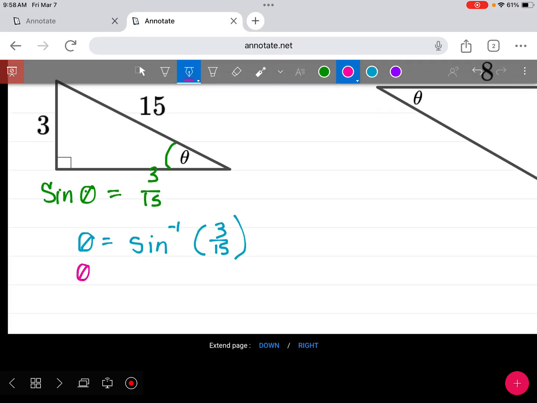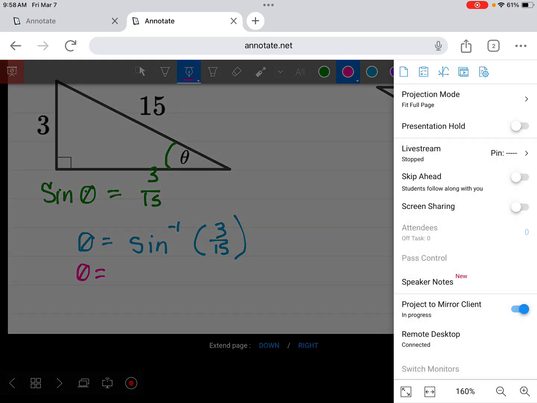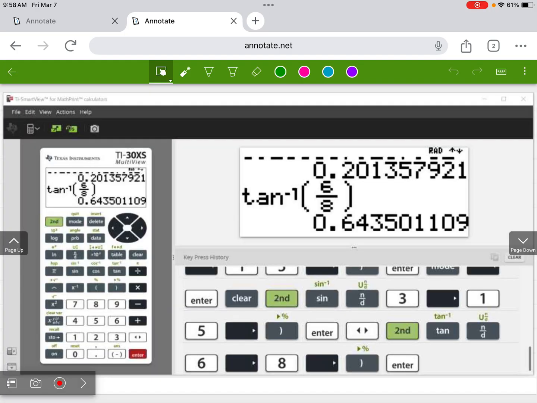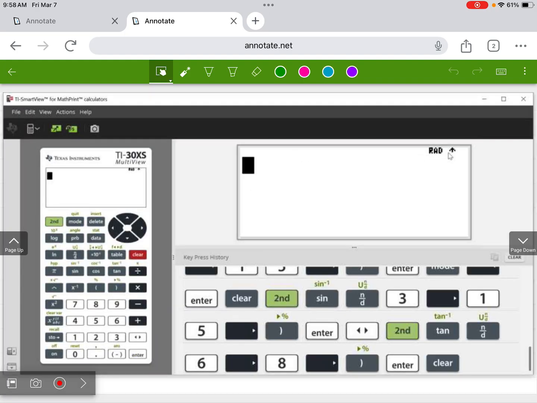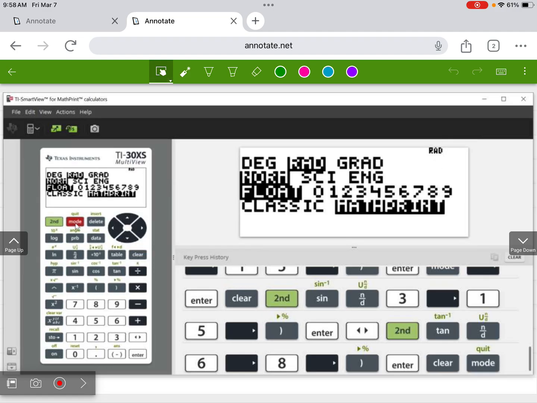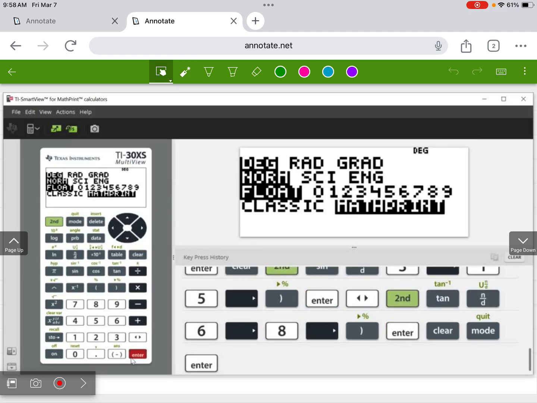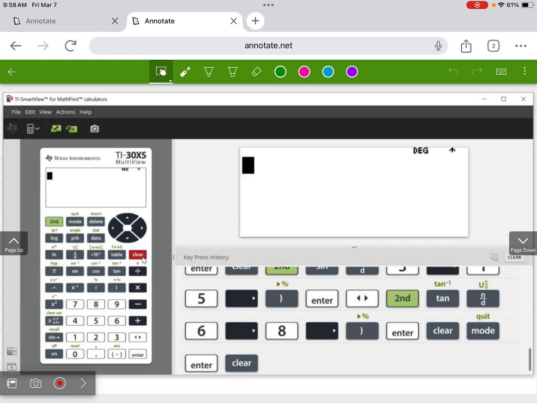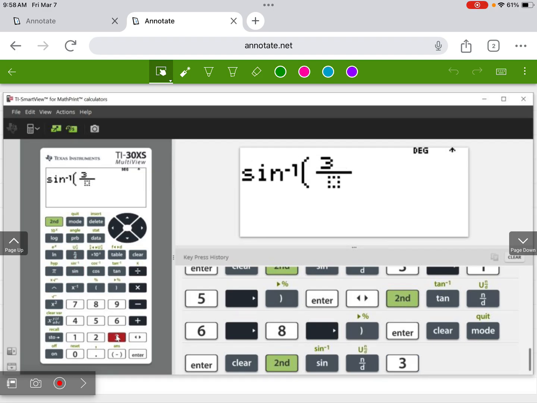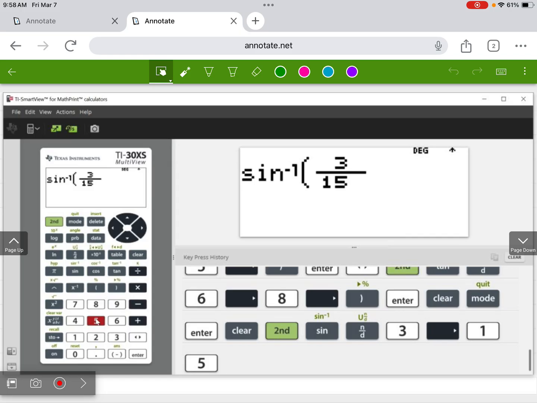So if we're looking to do this in degrees, we're going to go on the calculator. We would need to be in degree mode to be able to do this and get degrees. So in order to change our mode, we go to the mode button and we put it in degree. So then we can do our inverse sine of 3/15.